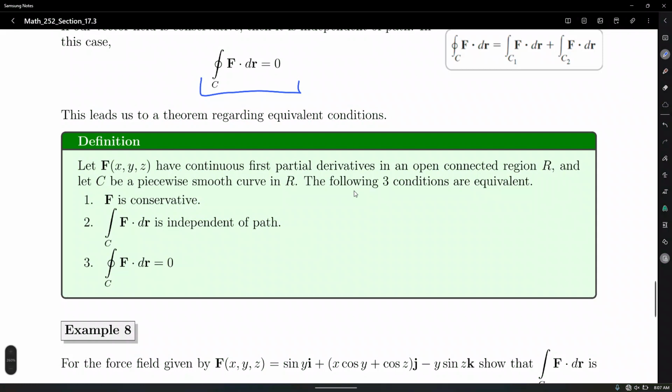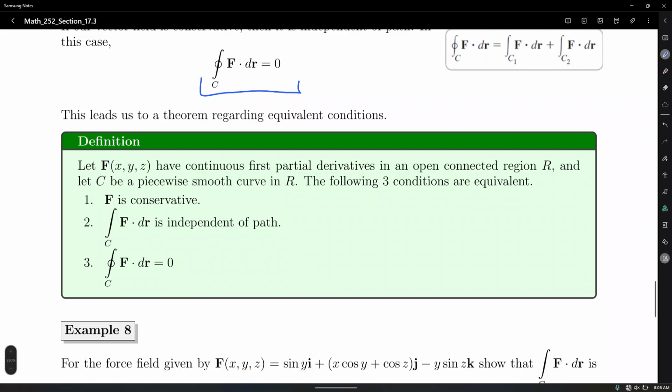Check for conservative. If it is conservative, that means that any line integral you evaluate is going to be independent of the path. That means you won't have to evaluate or parameterize anything. And number two, if you evaluate the line integral over a closed curve, it will always be 0. Notice the notation for line integrals over closed curves. It has a little circle in the middle of the integral sign.